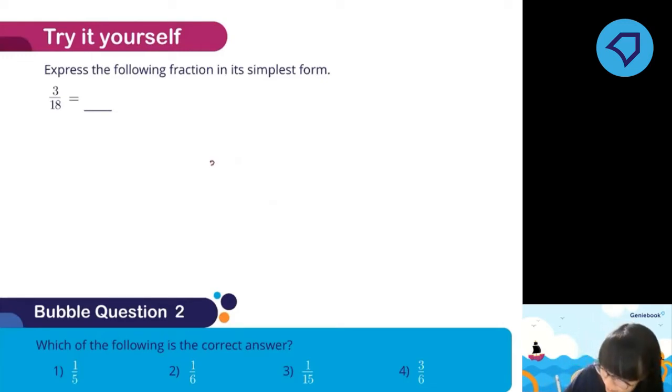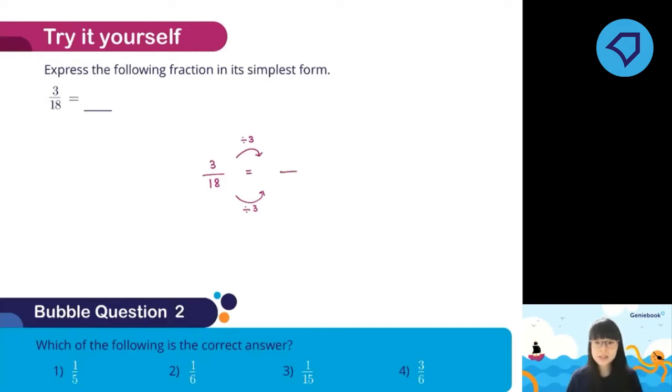Okay, so 3/18. Think about it. We know that 3 cannot be divided by 2. We know that 3 can be divided by 3. So we are going to divide by 3. If the numerator divides by 3, the denominator has to be divided by 3 as well. Okay? So 3 divided by 3 is equals to 1.